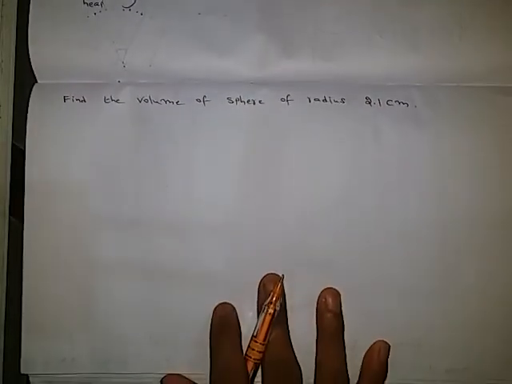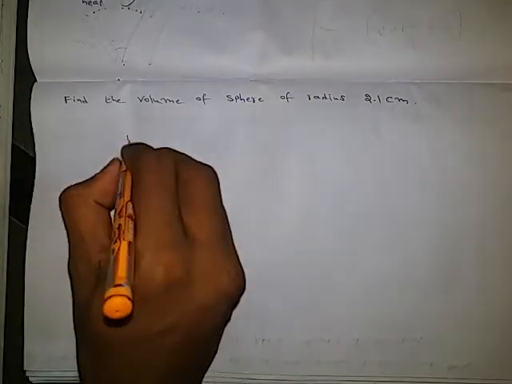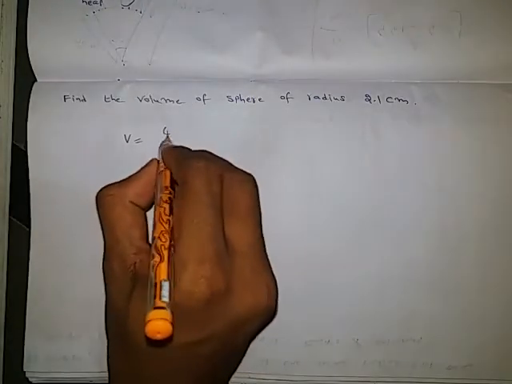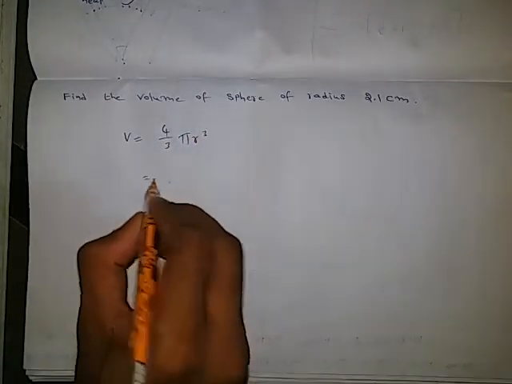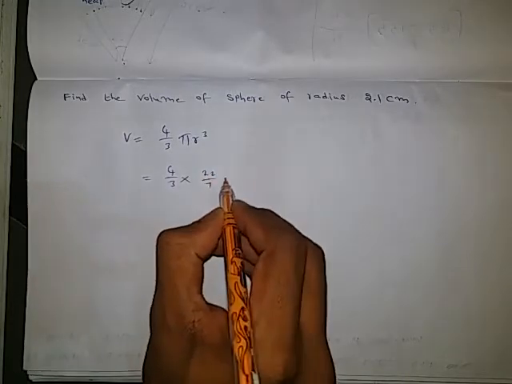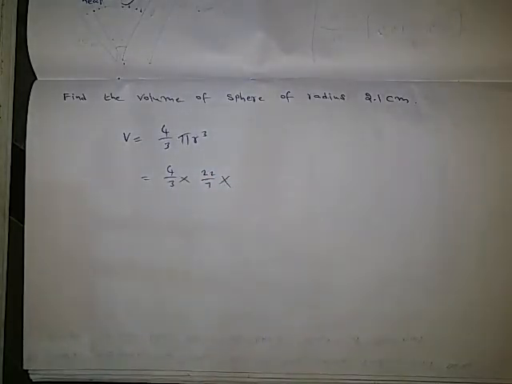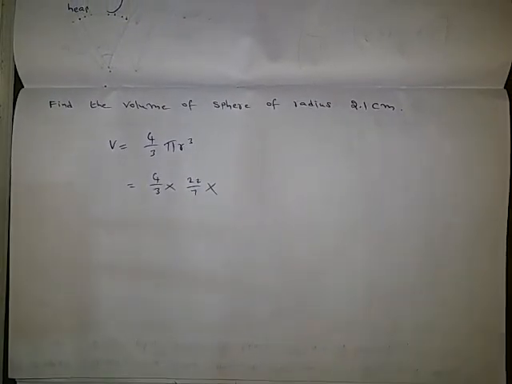Find the volume of sphere. So volume of a sphere formula is 4 by 3 pi r cube. 4 by 3 as it is, pi value 22 by 7. In some questions they will give to take the pi value as 3.14.